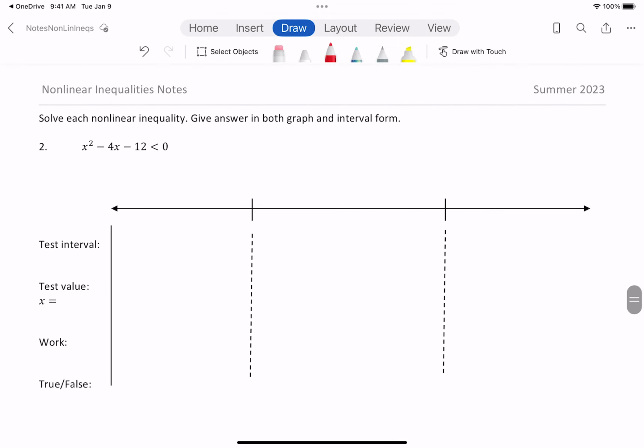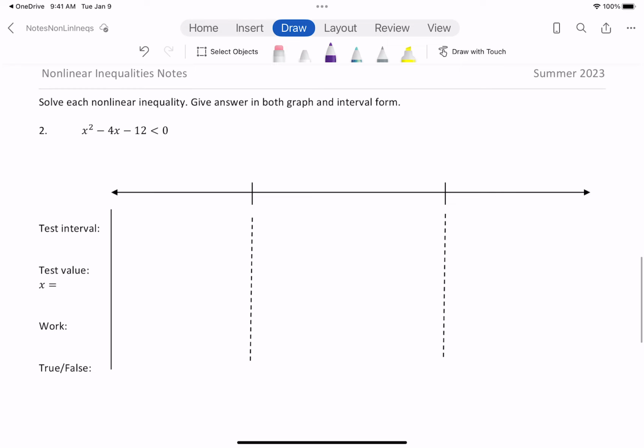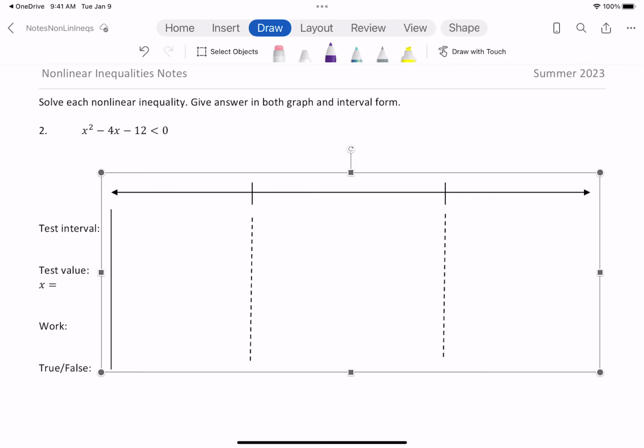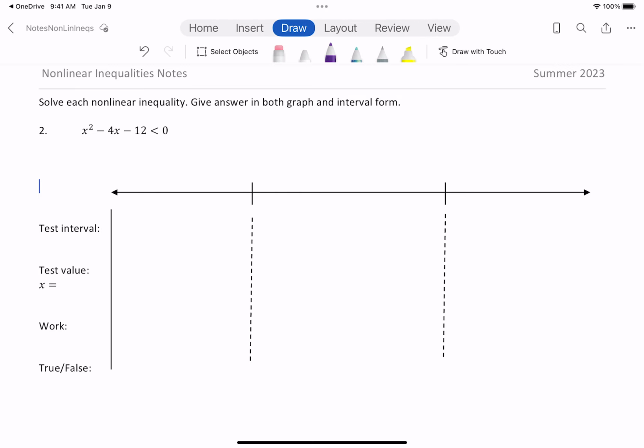Let's look at another one. The basic difference with this one is this time the quadratic is given to me in standard form. It's not already factored. So that means we have to do the factoring step first. This one, I believe, is indeed factorable.